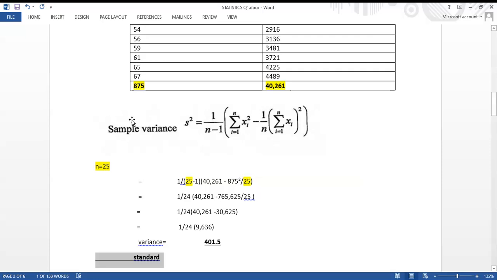We're just trying to find how far each data value is from the mean. The other formula explains that more, because you subtract each data value from the mean, then you square it, then you find the variance. Basically, that's the whole basis: how spread out the data values are from the mean.